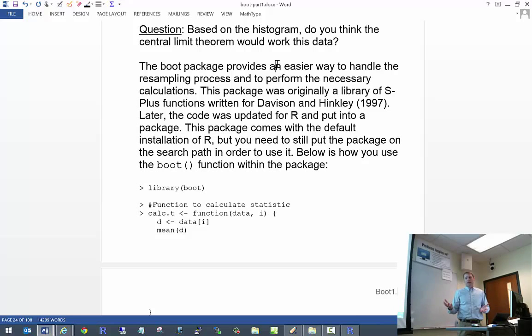It has obviously then since been converted to an R format. Now note that if you ever do want to look at the Davison and Hinkley book, Chapter 11 of that book goes into detail about how to use the boot package. Also, with chapters 2 through 10, in terms of the exercises, there are exercises that give you code that allow you to get some experience with using the boot package.